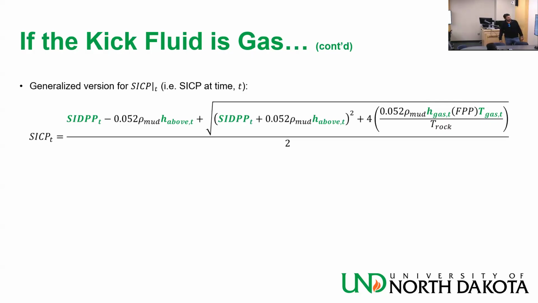Basically, I make everything a function of time. And of course, the temperature of the gas will be changing as you move up, but in isothermal cases, we don't care. We're assuming it remains as T rock, so it cancels out, makes it easy on you.